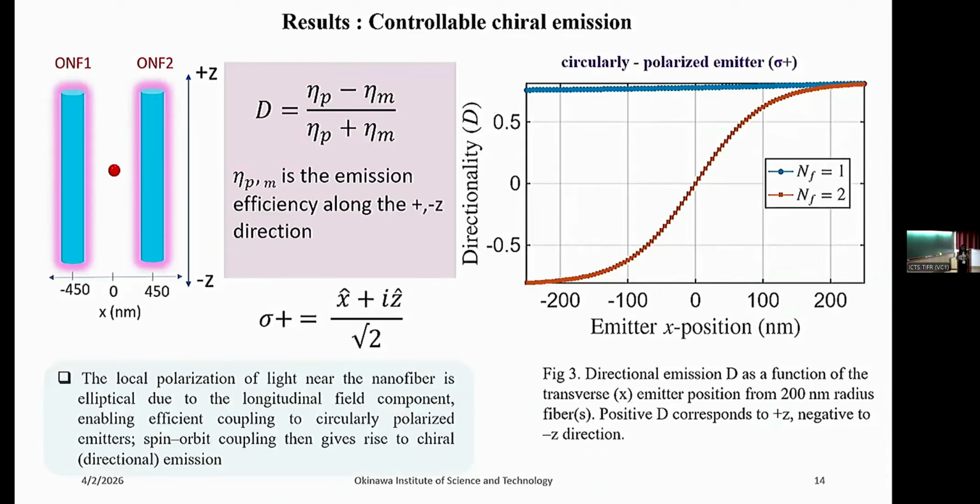This is well known for a single nanofiber because the local polarization of light is elliptical due to the longitudinal field component in the nanofiber, which gives us chiral emission. Here I am using two fibers to control this chiral emission continuously.